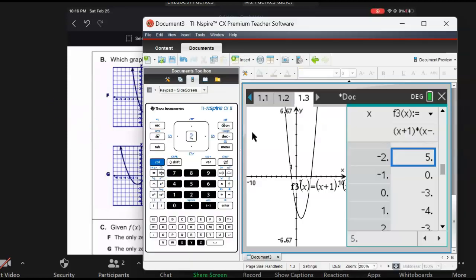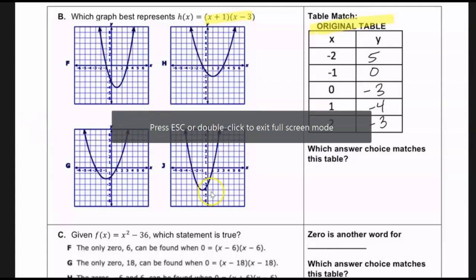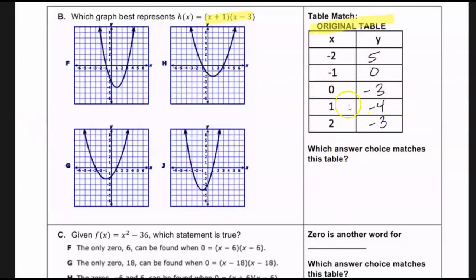And then my 1 and 2. So 1 should be -4 and 2 should be -3. So these are the values that these graphs have to match. So let's see which of these do that. So first off, this is telling me I should have a y-intercept at -3.